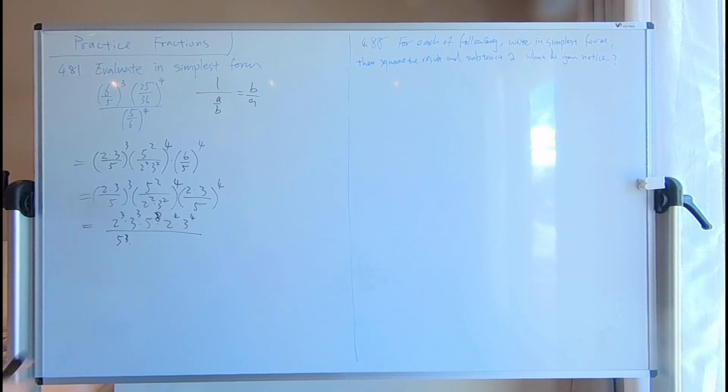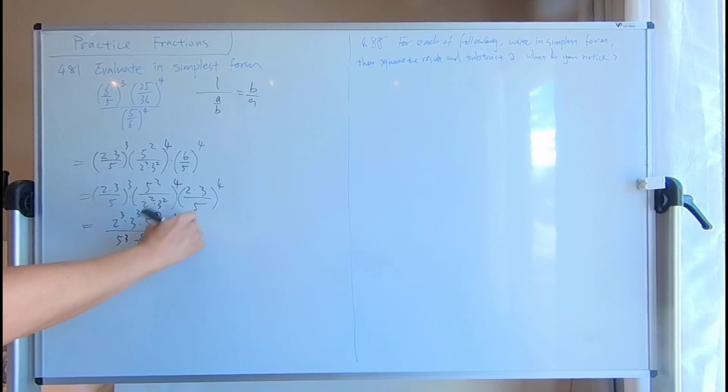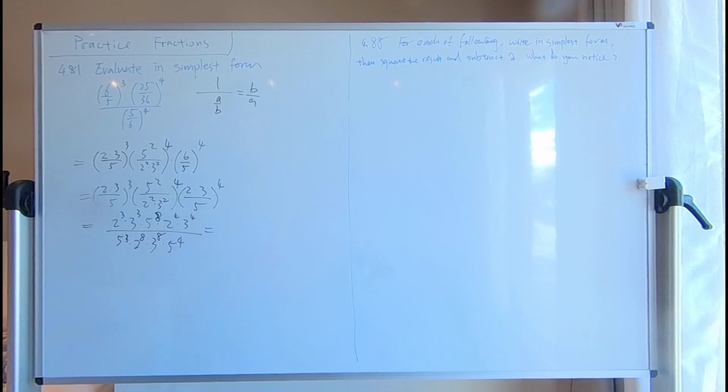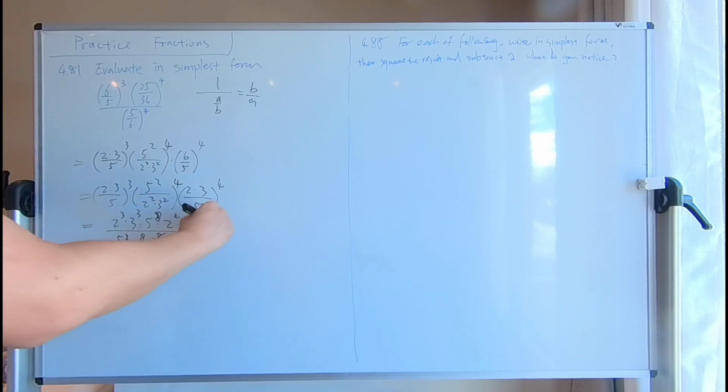Let's do this again: 5 to the 3, 2 times 4 is 8, then 5 to the 4. Okay, so now I have to reorder the prime factorization from the smaller prime to the larger prime, and then write the numbers with the same base into one term.